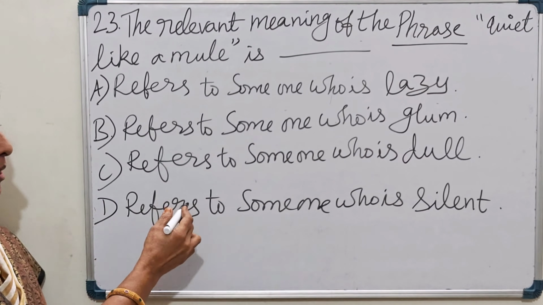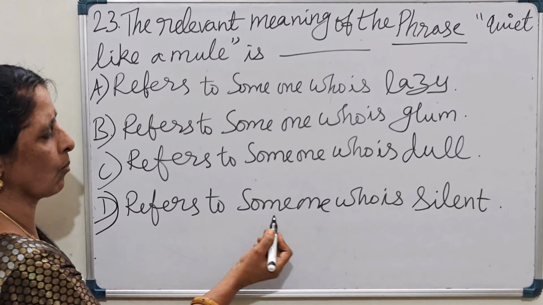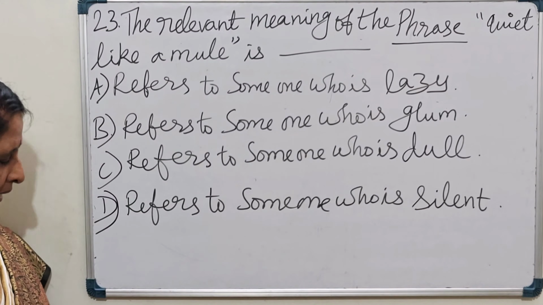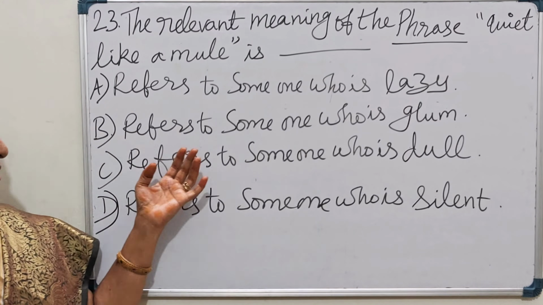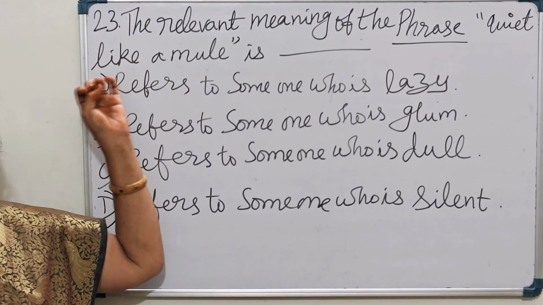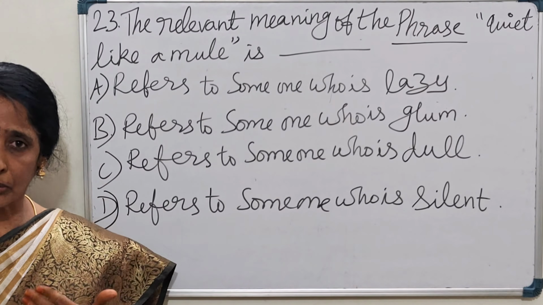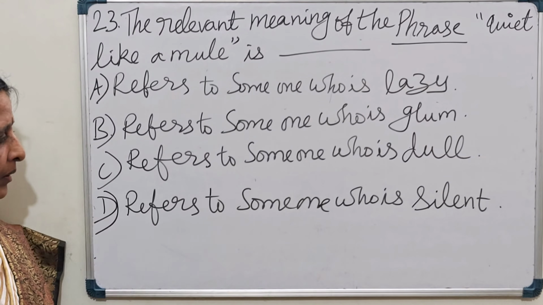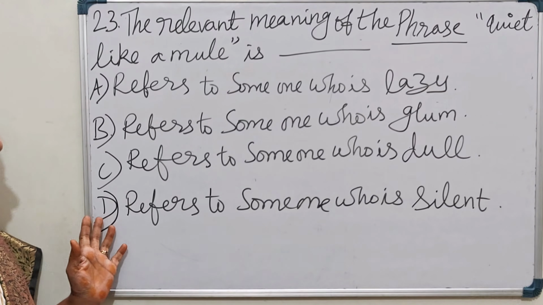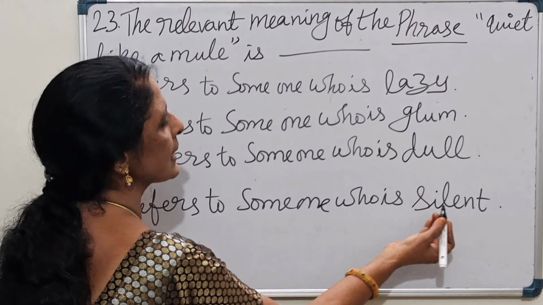C refers to someone who is dull. D refers to someone who is silent. Here meaning is someone is completely silent and not responding even when he is expected to talk. Now option D is the correct answer. Refers to someone who is silent.